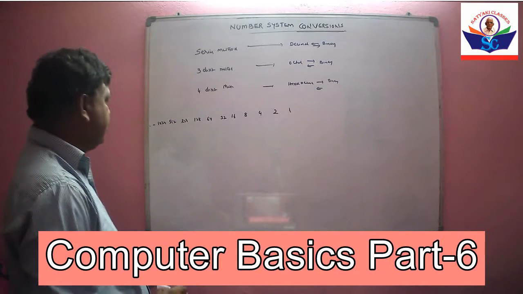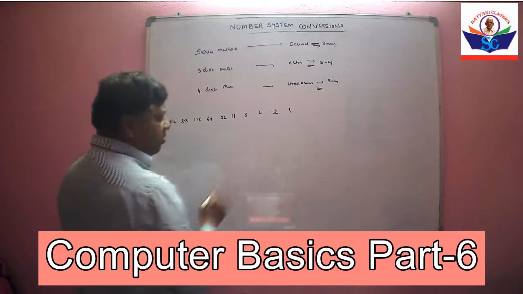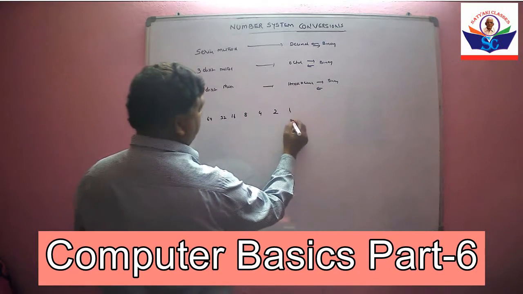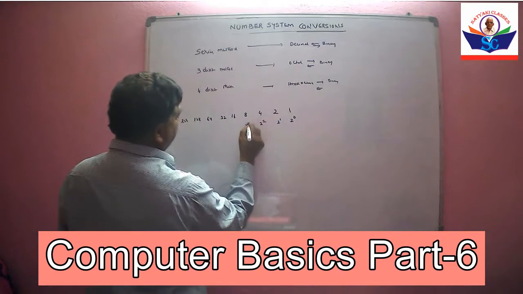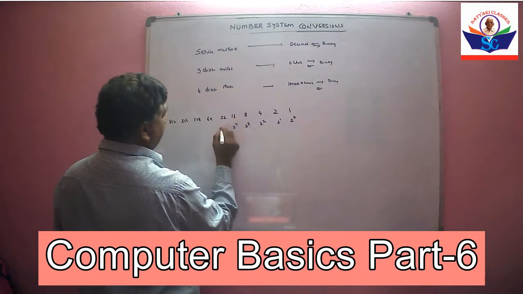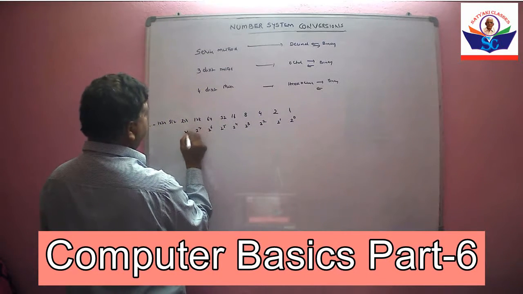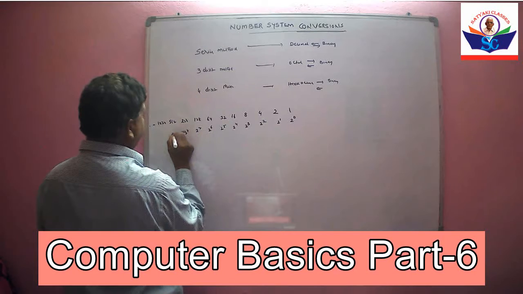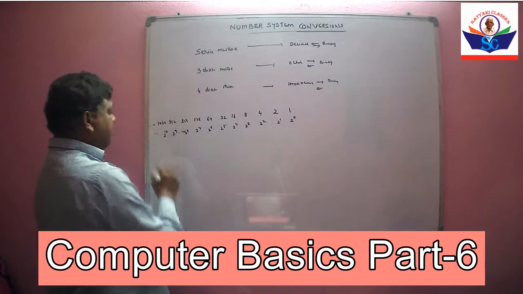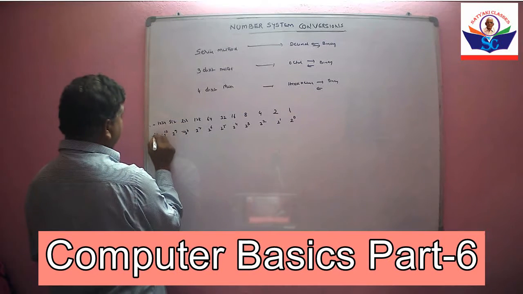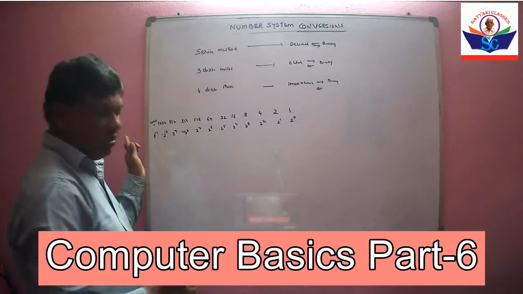These are multiples of 2: 2 power 0, 2 power 1, 2 square, 2 cube, 2 to the power of 4, 5, 6, 7, 8, 9, 10, and so on. What is 2 to the power of 11? 2048.